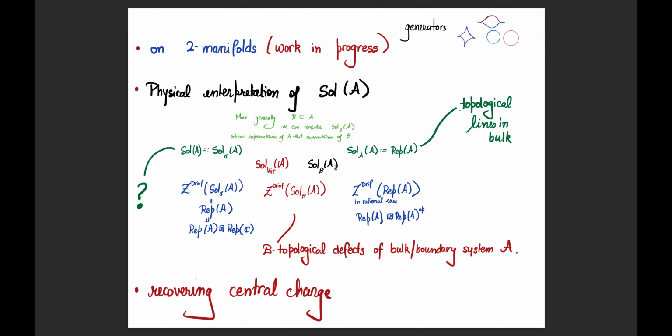But there has to be a physical interpretation of it because I can essentially write an entire hierarchy of things. I can even take some subalgebra B to be A fixed points of G and then consider Sol AG of A, and I can have a description for this category essentially too.